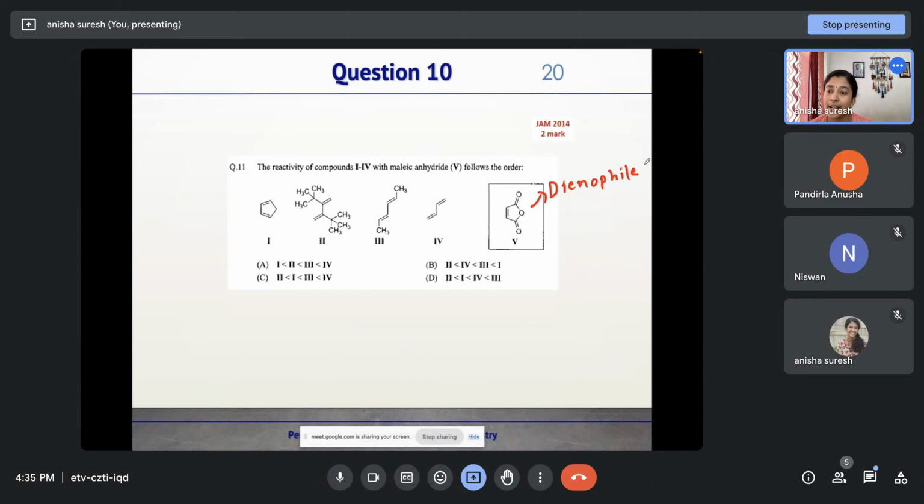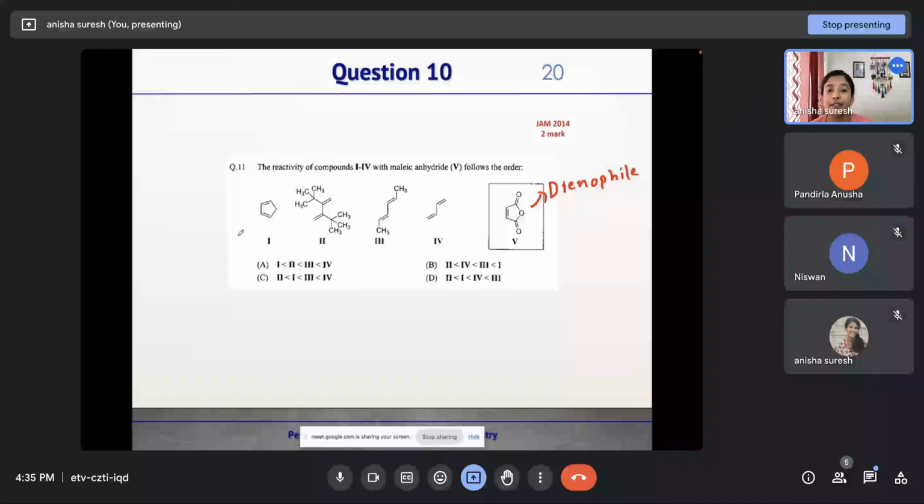The condition for Diels-Alder reaction to take place is that the dienophile should be electron deficient and the diene should be electron rich. As the electron richness of the diene increases, the dienophile can react faster and hence the Diels-Alder reaction will be faster.